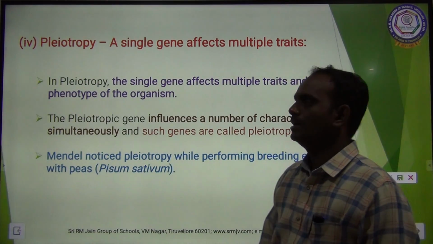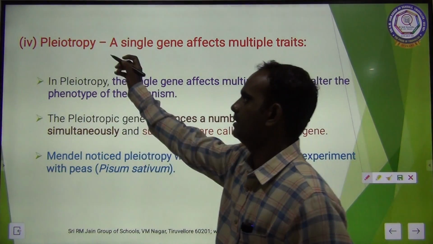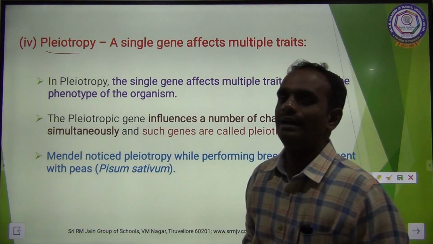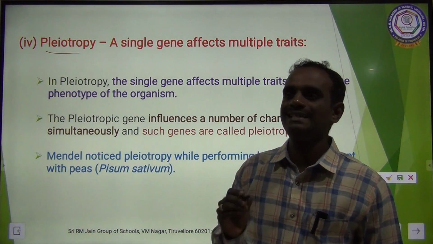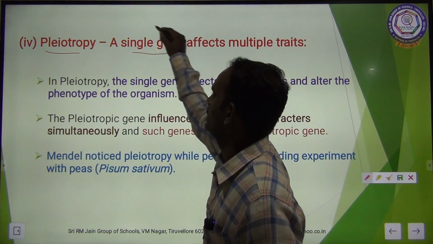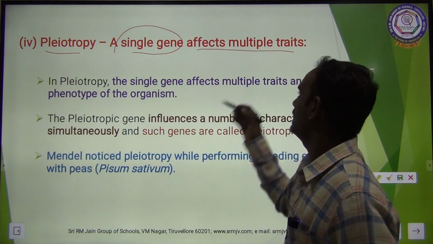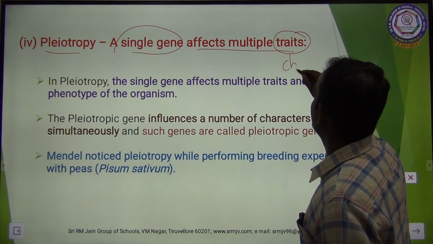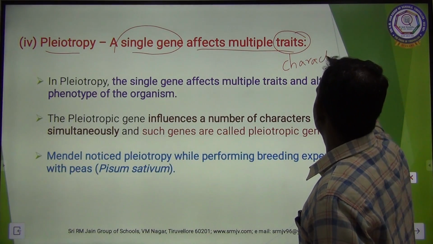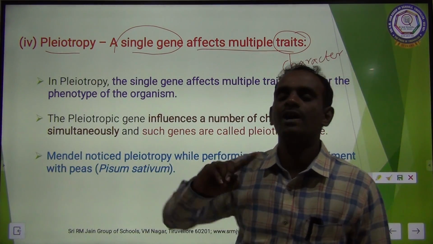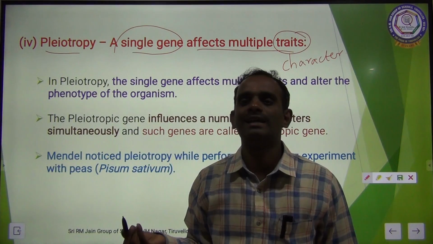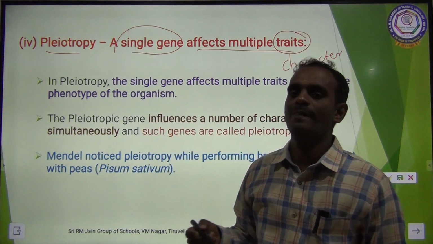The next one is pleiotropy. Pleiotropy is nothing but a single gene affecting multiple traits. Traits are nothing but characters. One gene affects multiple characters, that is called pleiotropy.